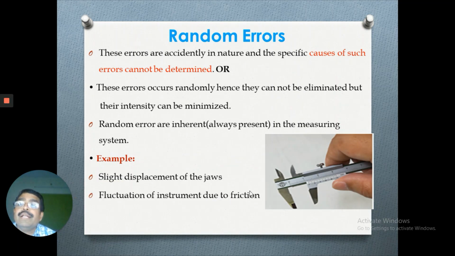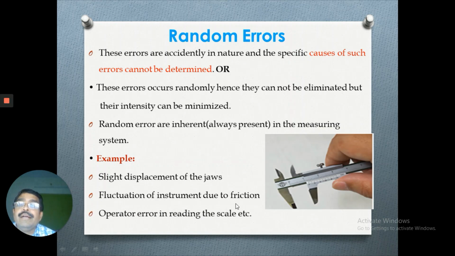Then there is the fluctuation of the instrument due to friction. See here, this is the moving jaw which moves over this frame. So naturally friction between these two takes place, and again this error is very difficult to remove. Such an error is again called a random error.